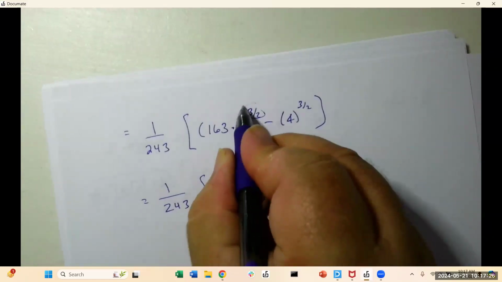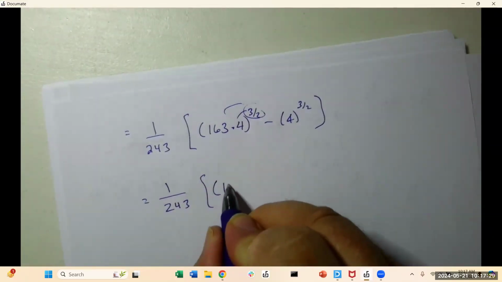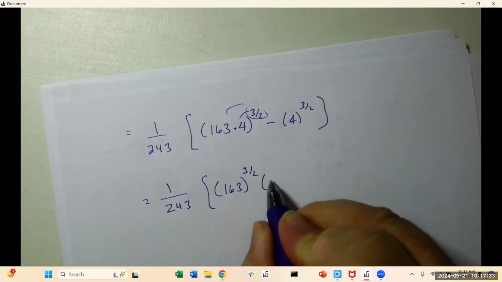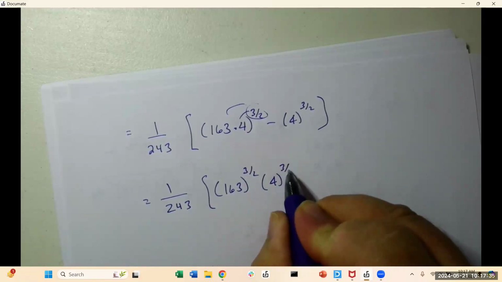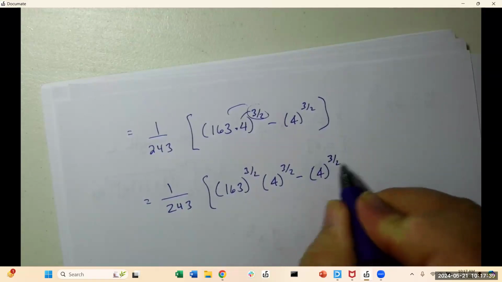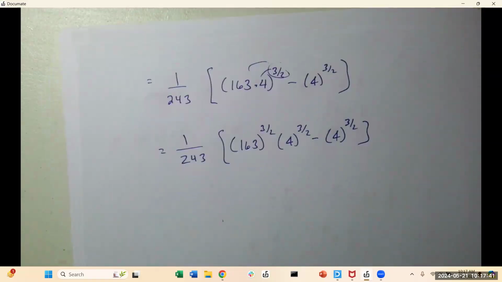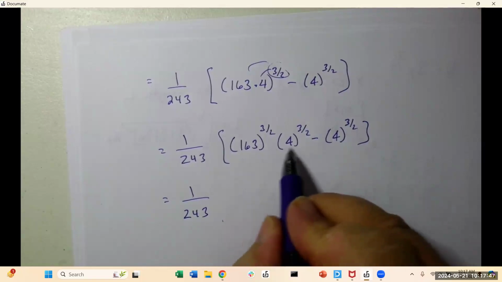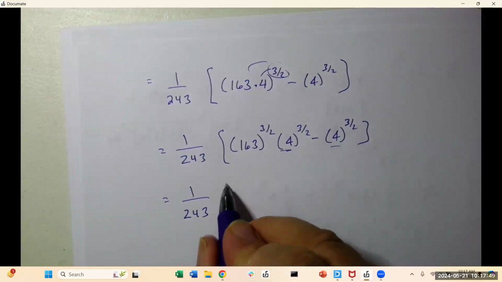this. Since they're multiplied, I could distribute that. So we get 163 to the power 3/2 times 4 to the power 3/2, minus 4 to the power 3/2. Since they both have a 4 to the power 3/2, I can factor that out.